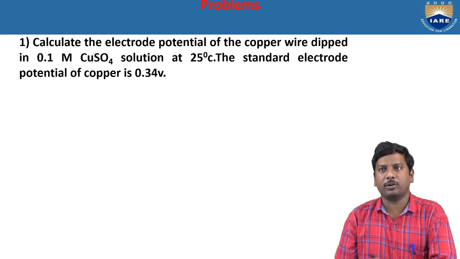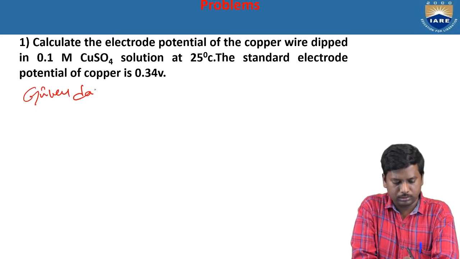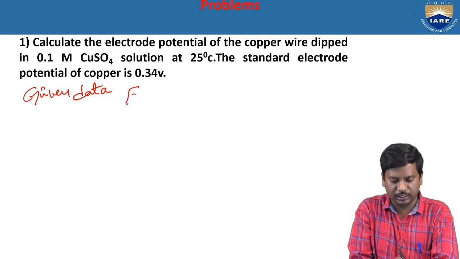Calculate the electrode potential of a copper wire dipped in 0.1 molar copper sulfate solution at 25 degrees centigrade, that means room temperature. The standard electrode potential of copper is given as 0.34 volts. That means the given data is the standard electrode potential, E naught, equal to 0.34 volts.